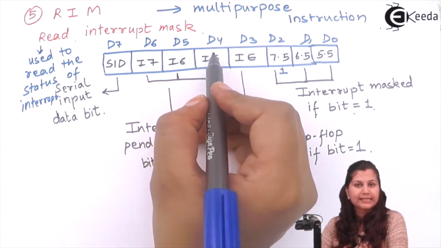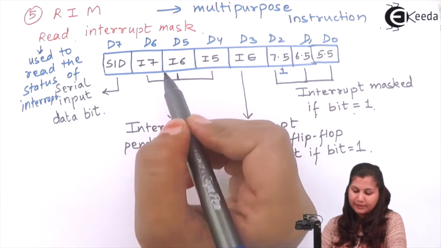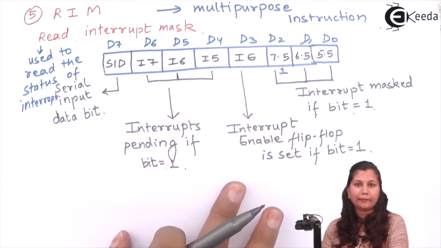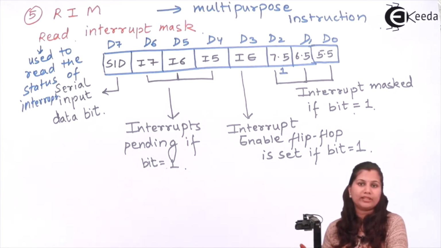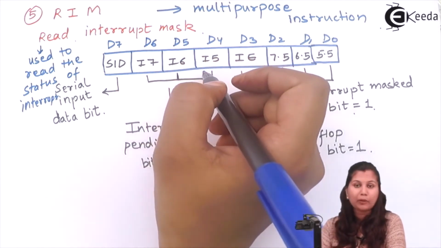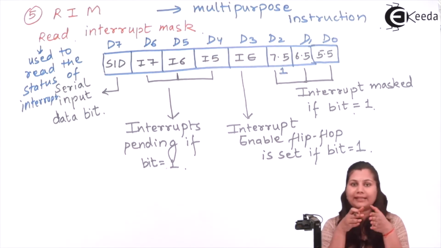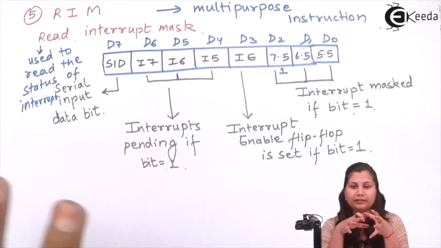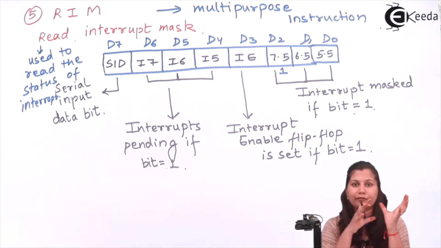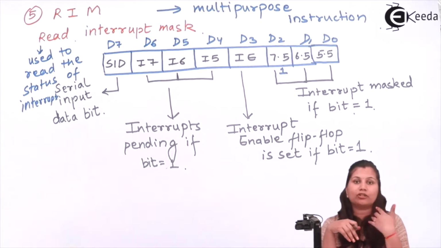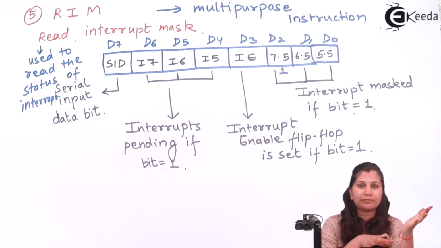Then we have D6, D5 and D4. These 3 bits are for showing that the interrupts are pending. If there is any interrupt which is pending in the microprocessor, then that corresponding bit will be equal to 1. Pending means there are priorities in the interrupts. The priorities are defined so that if 4 or 5 interrupts are present at the same time, then one interrupt will be executed first, one second, one third, and the one with least priority last.